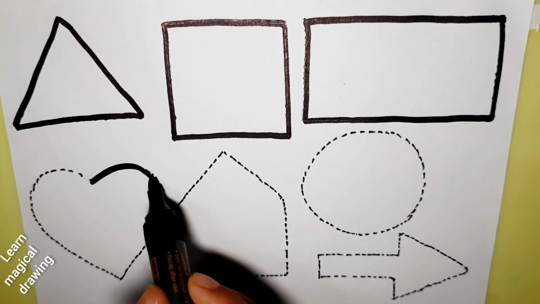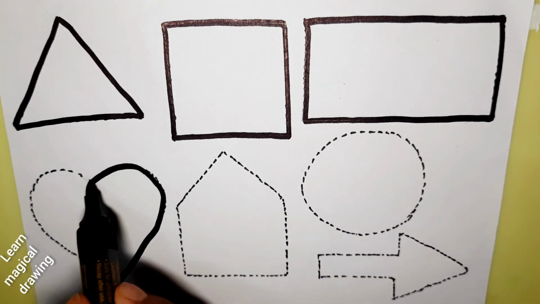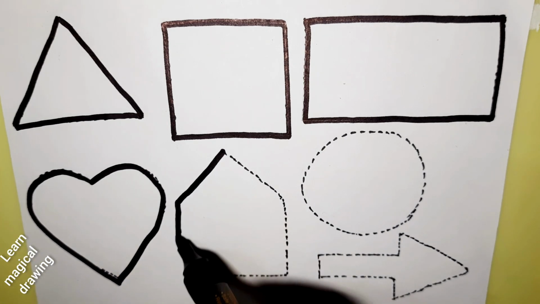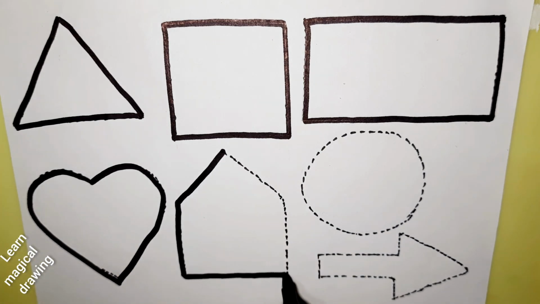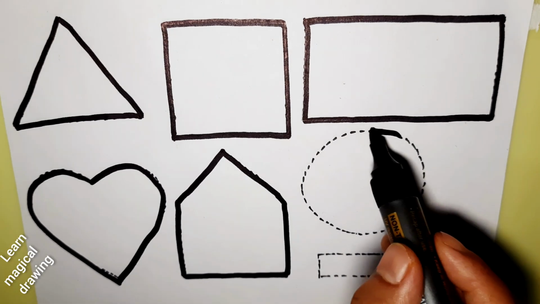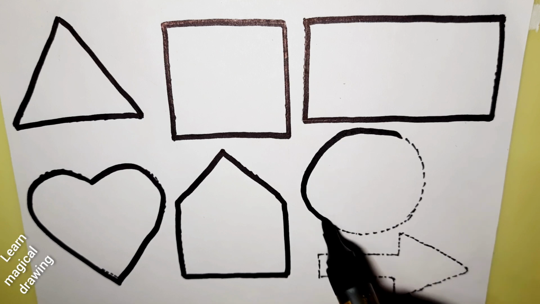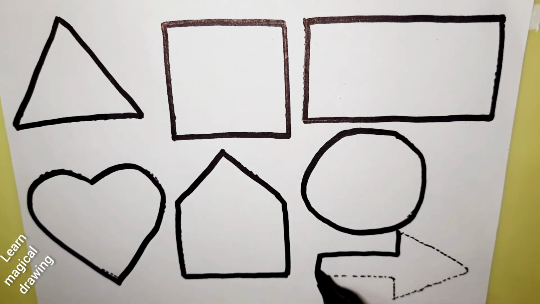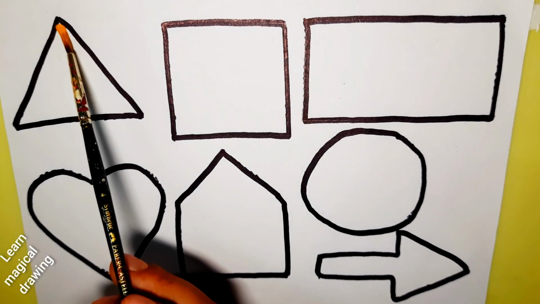Rectangle. Heart shape. Pentagon, circle, arrow.